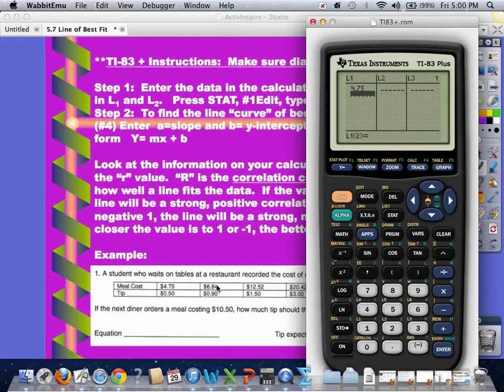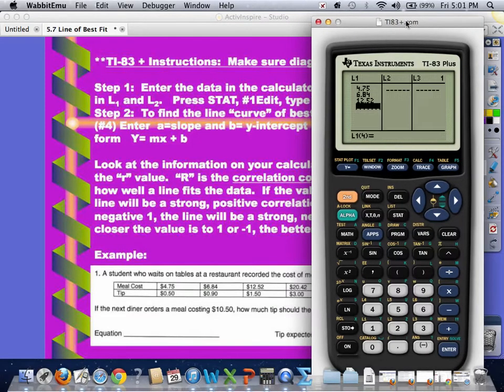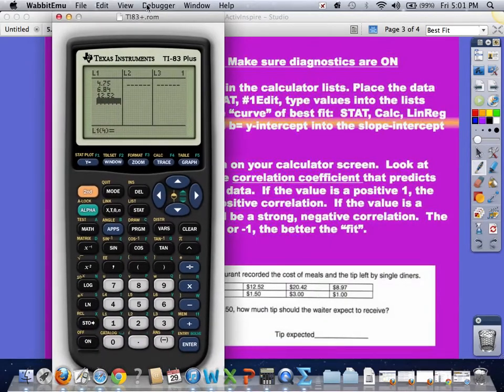Okay, and then the next one on the same row is 6.84. Hit enter. Next one's 12.52. Enter. Let's see what this one says. Move this out of the way. 20.42.